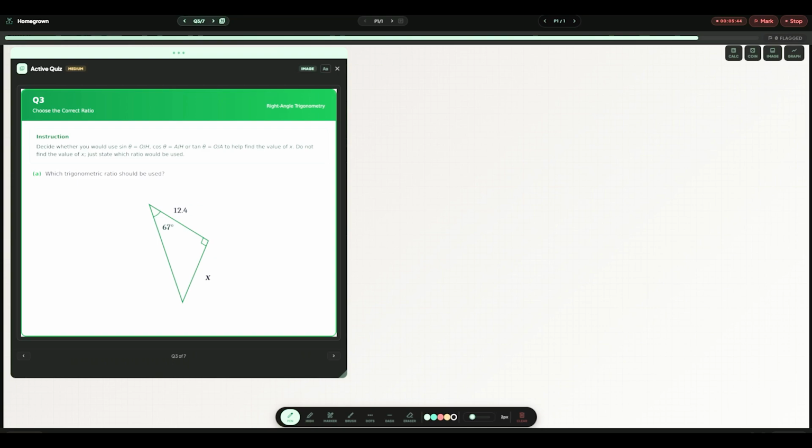Alright, looking at the last one for this video. So again, we have a right angled triangle, and our right angled triangle has the values 12.4, our unknown pronumeral x, and an angle of 67 degrees.